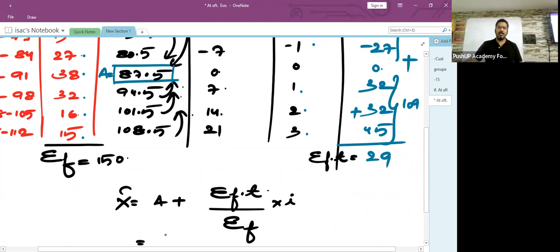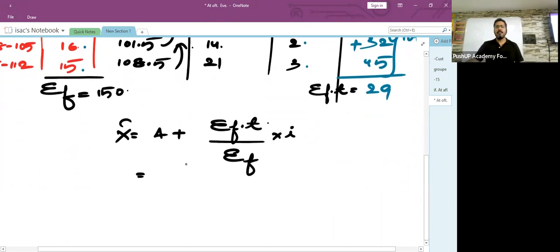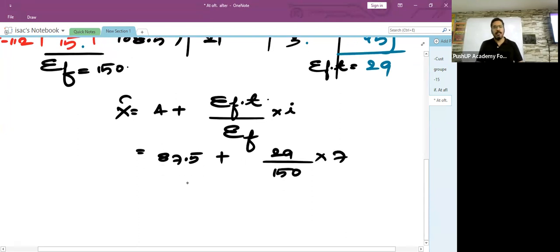Now this is equal to assumed mean, which is 87.5. Put the plus sign. Sigma f into t is 29, divided by sigma f which is 150, into i which is 7.